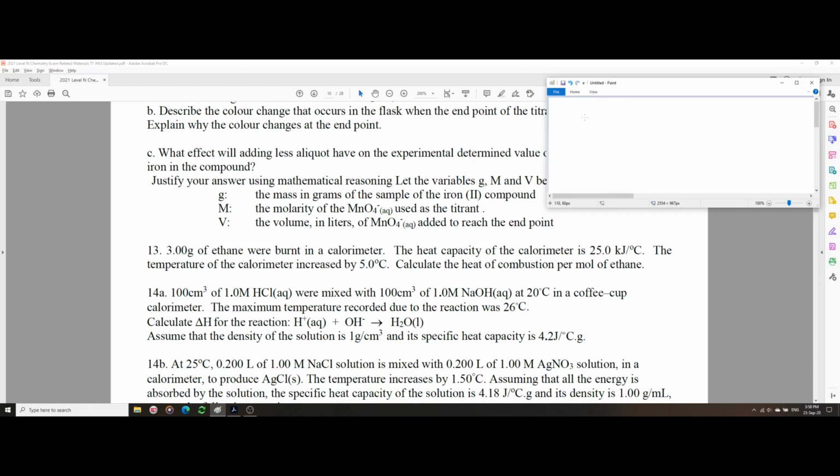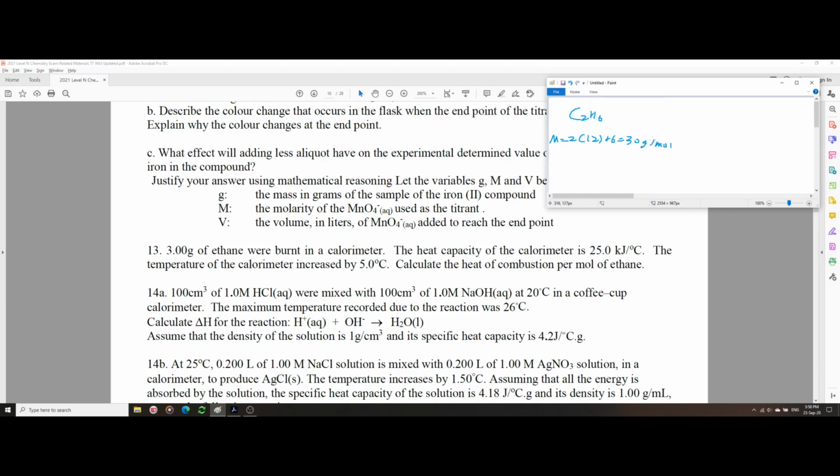It says 3 grams of ethane were burnt in a calorimeter. So ethane, that's C2H6, and each carbon is 12. So it's 2 times 12 plus 6 equals 30. Now what's that? That's the molar mass, right? So it's grams per mole.